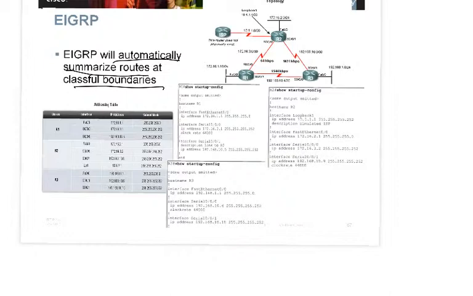Remember, we said that if you have a network that belongs to a classful or major network on this side, and subnets that belong to the same major network here, and there is some network here which belongs to a different major network, then this router will get information about two different subnets which belong to the same major network.